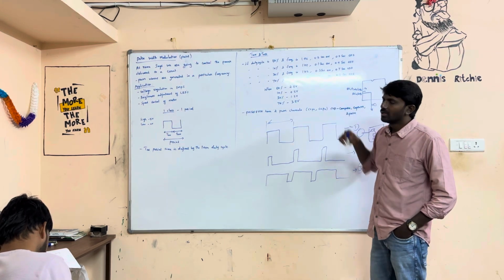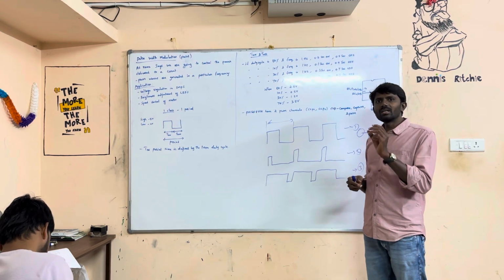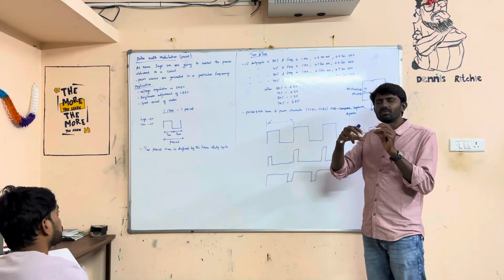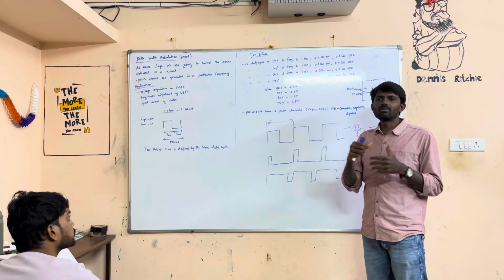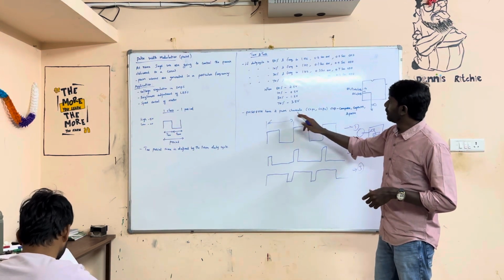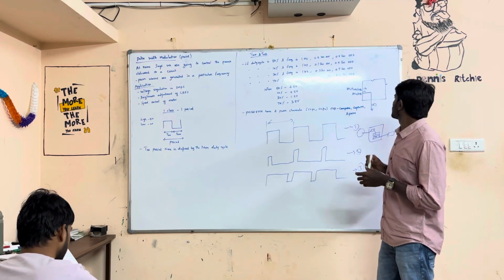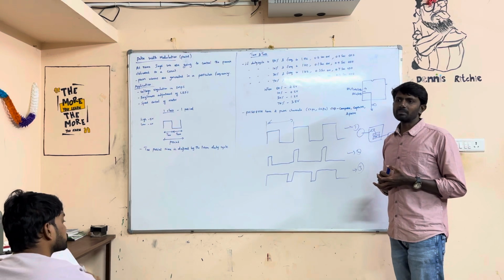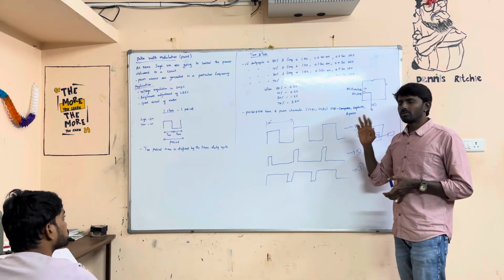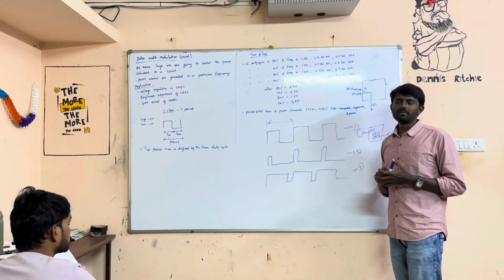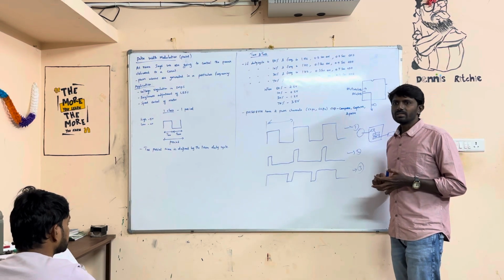So if your controller is working at some particular frequency, the output voltage will be generated according to the percentage of your T-on. There are two PWM channels, CCP1 and CCP2. CCP stands for compare, capture, PWM. Compare and capture we are not discussing, just the PWM. Okay, fine, let's stop.